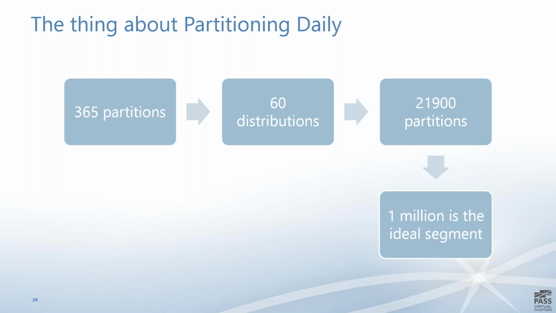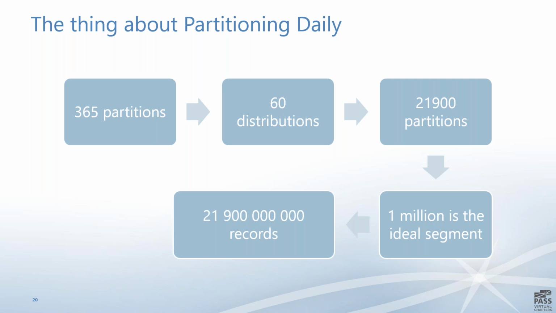If we know that the column store table is the best way to store things in SQL DW, and we know that we want 1 million records in each segment to get optimal performance, then for optimal performance, if you're partitioning daily, you need a table that is at least 21 billion records, right? And that's quite big. There might not be that many tables that big in your data warehouse. So that is really the issue.